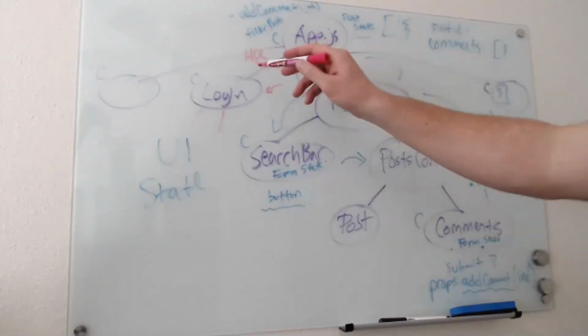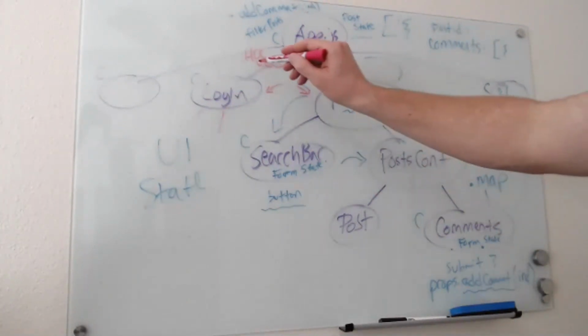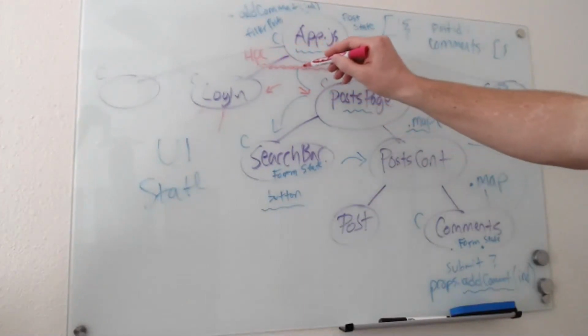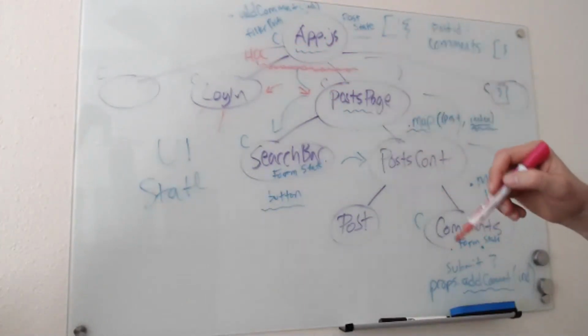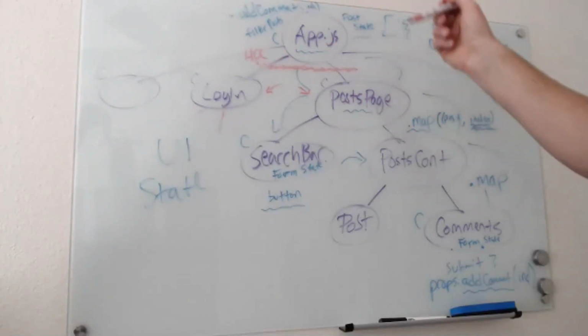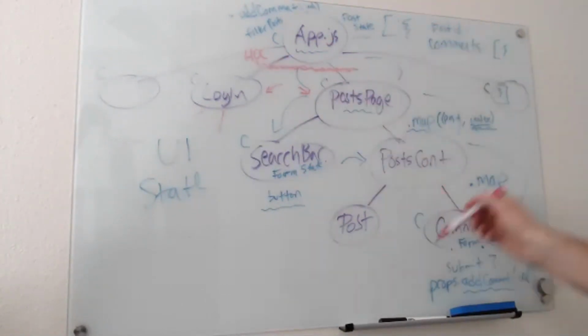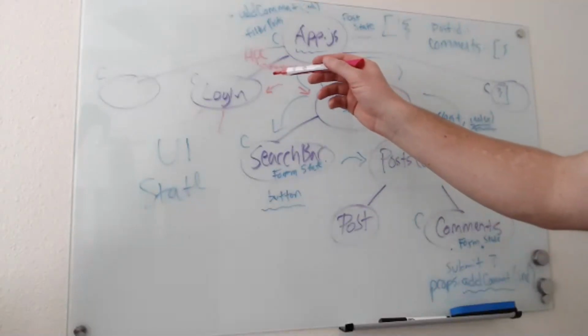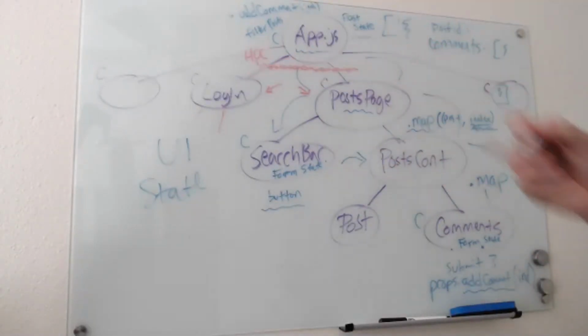So I think that's how I would kind of conceptualize it here. It's just this kind of thing out in the ether of the DOM. It's not really rendered on the DOM, but it's kind of the gatekeeper from app to the rest of the DOM to say we're either going to render login or post page.